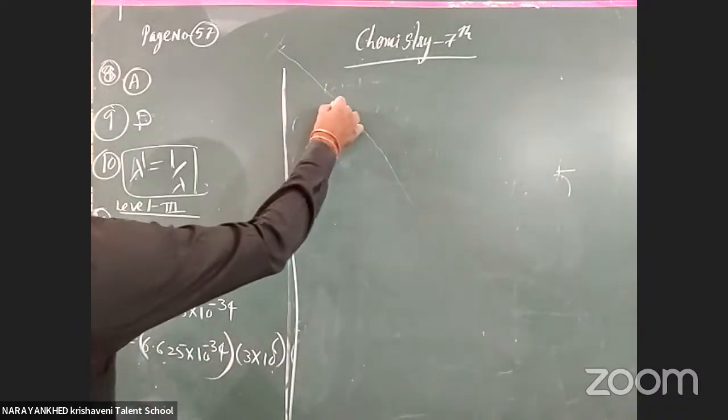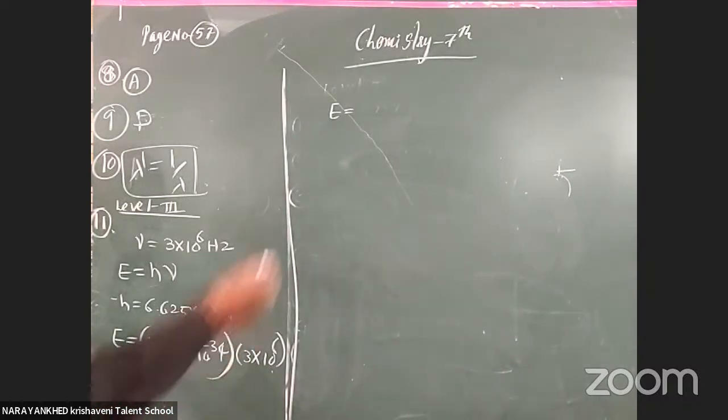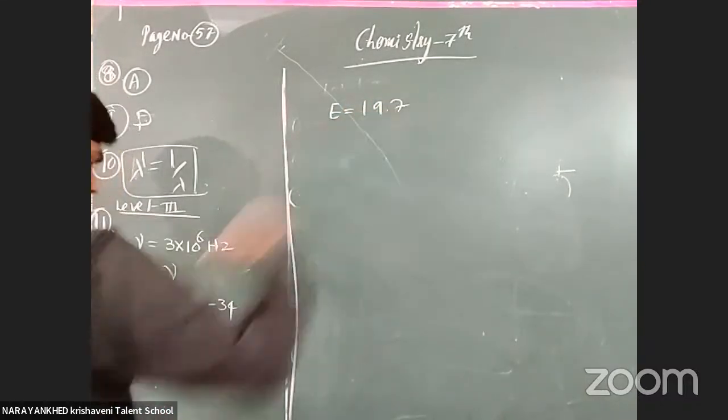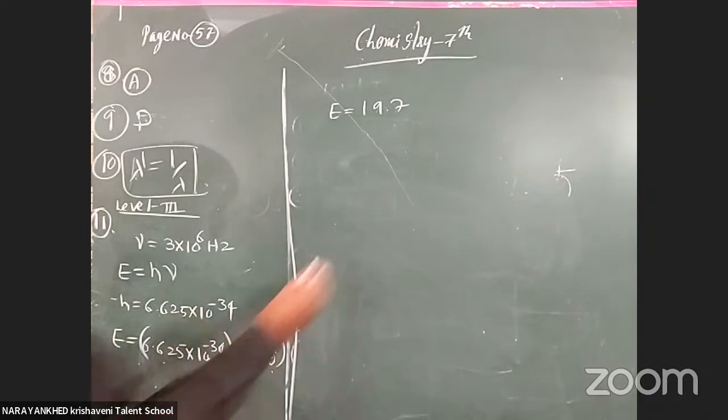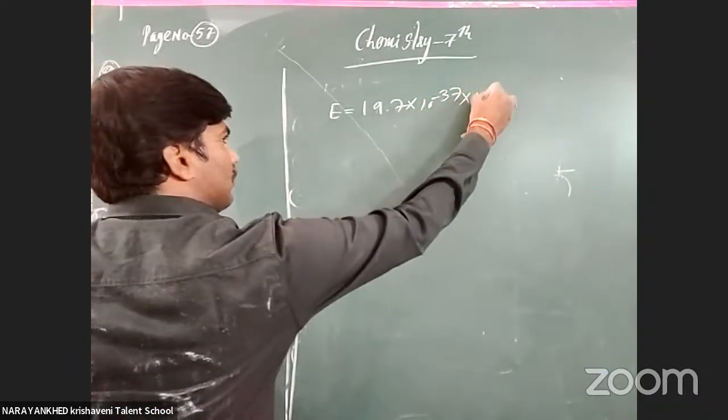Now E is equal to 6.625 into 3, which is somewhat 19.7. So we get 19.7 into 10 to the power of minus 34 into 10 to the power of 6.